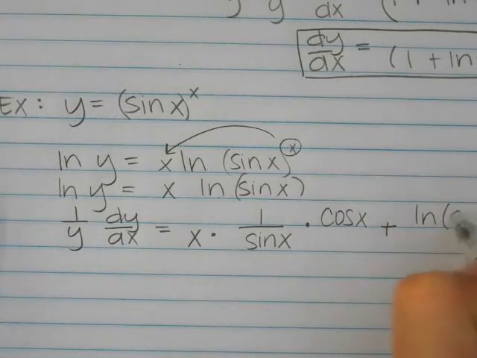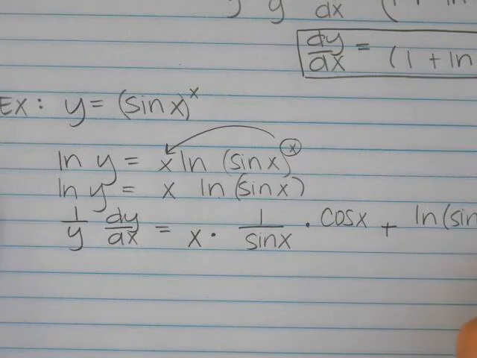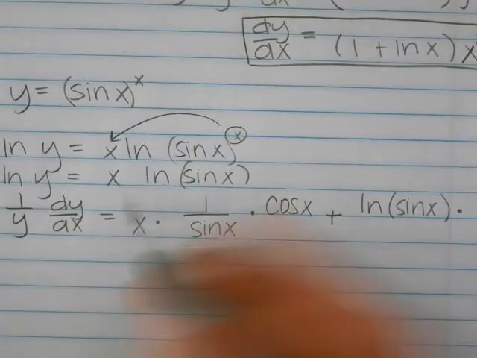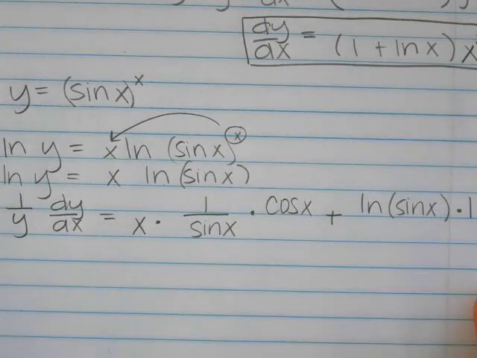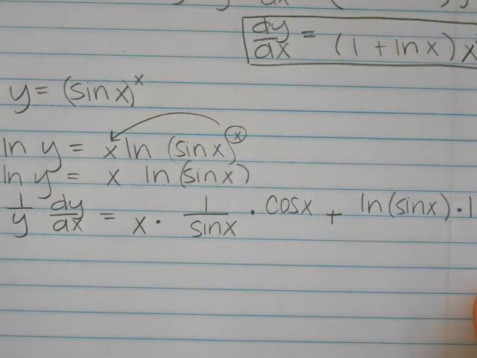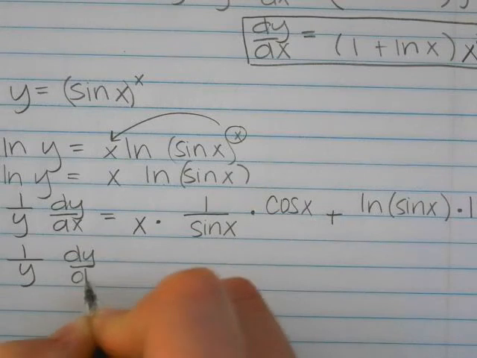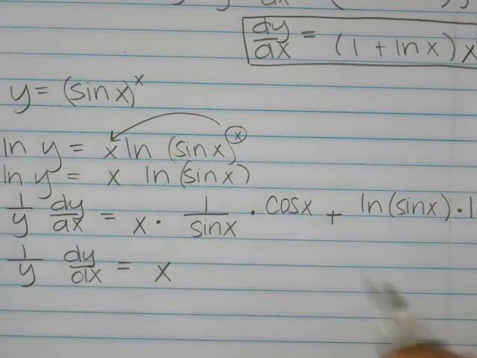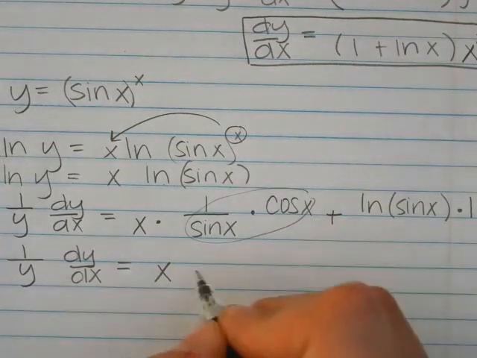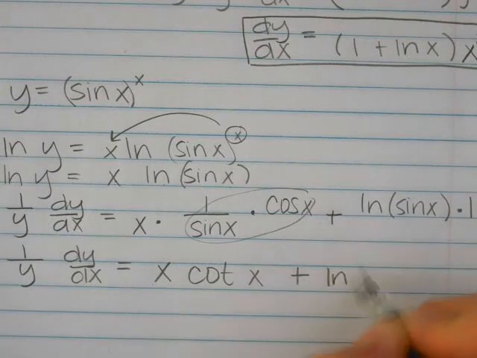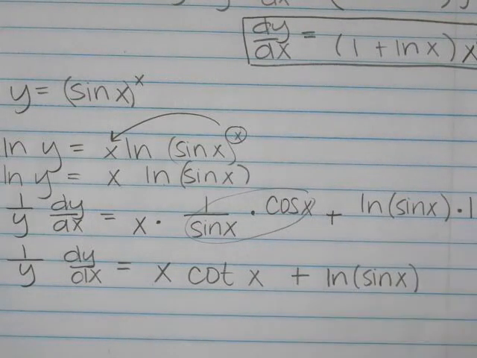So ln of sine x multiplied by, what's the derivative of the first? This one. Times 1. Alright, so I'm going to clean this up a bit. Does anyone know what cos over sine is? Cotangent. So you got x times cotangent x plus, and then we've got ln of sine x.